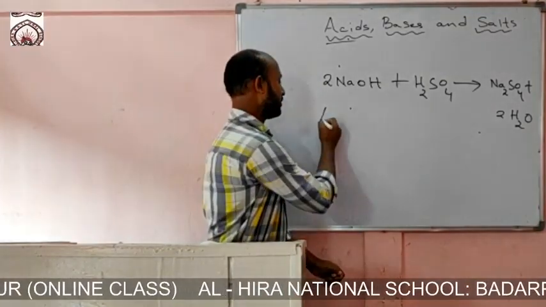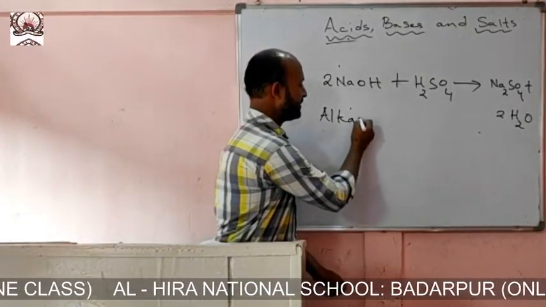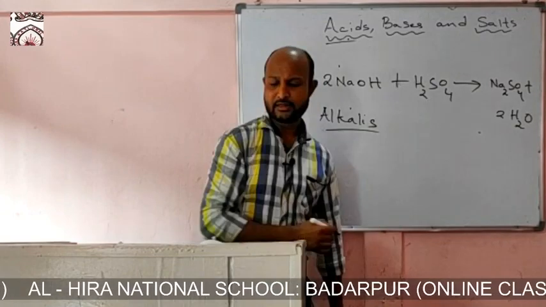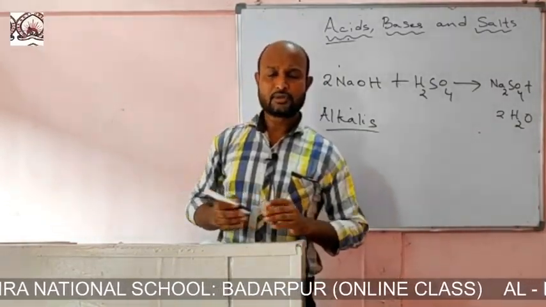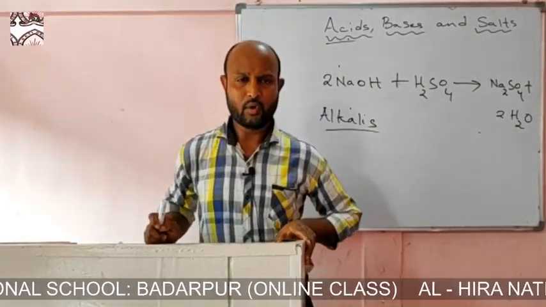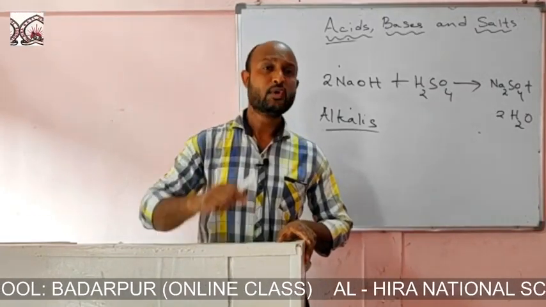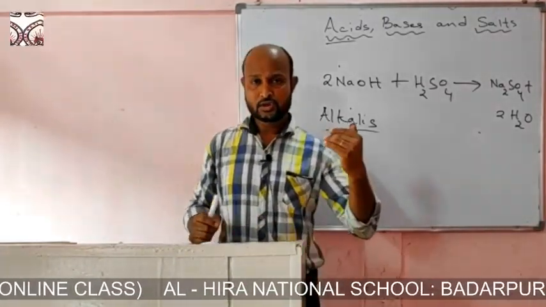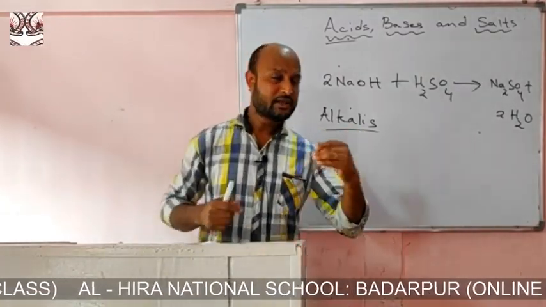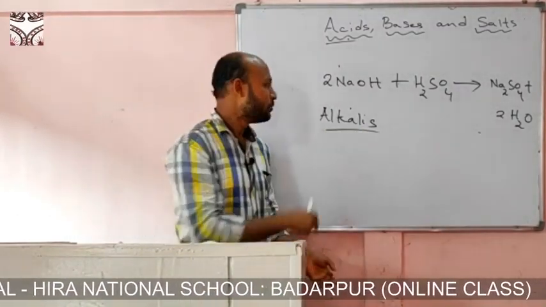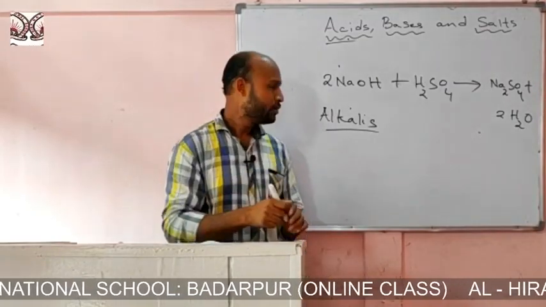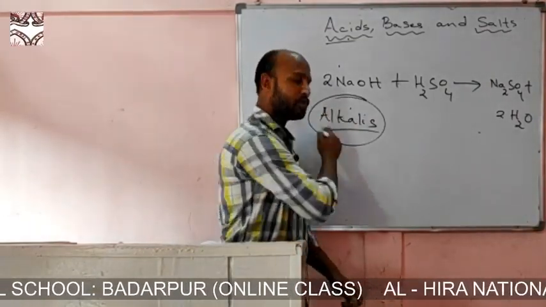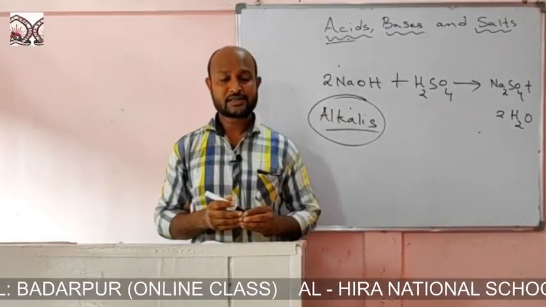Secondly, we have alkalis. Alkalis are nothing but soluble bases. All those basic substances which are soluble are considered alkalis. So sodium hydroxide and potassium hydroxide are basic substances which are always soluble.